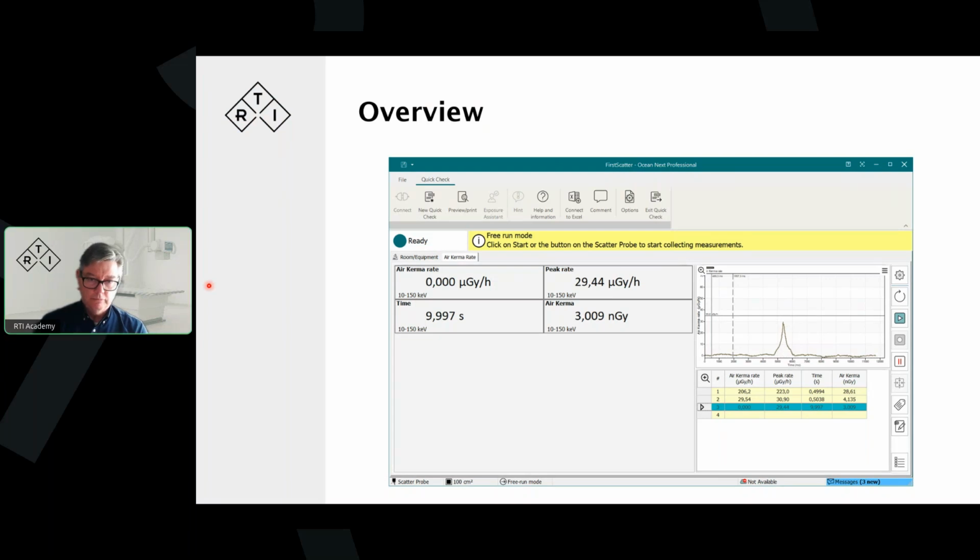With a larger detector, you have an even higher sensitivity than the smaller one. So for a room survey, for instance, I would recommend that.